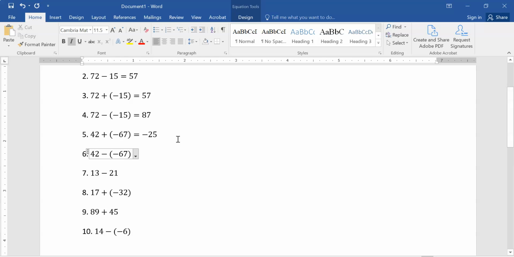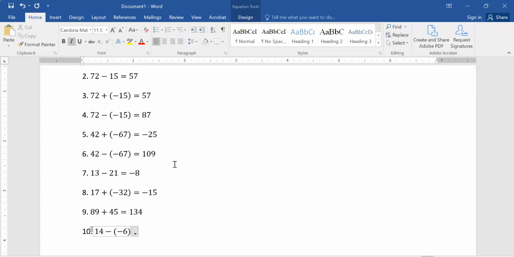By the way, when you're typing things in a computer, the negative and the minus button are the same. 42 minus negative 67, that's 109. 13 minus 21, that's a negative 8. 17 plus negative 32, that's a negative 15. 89 plus 45 is 134.